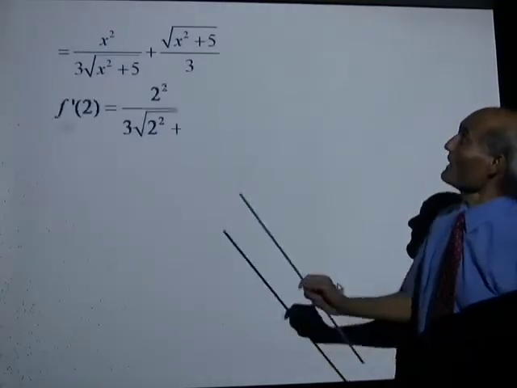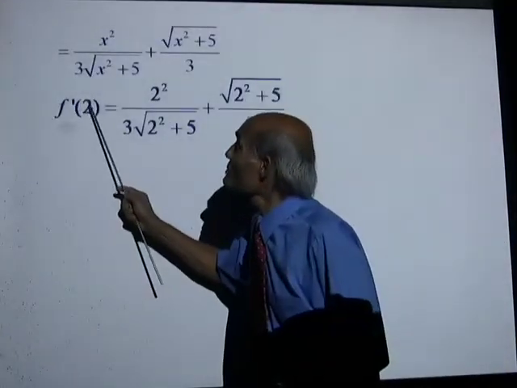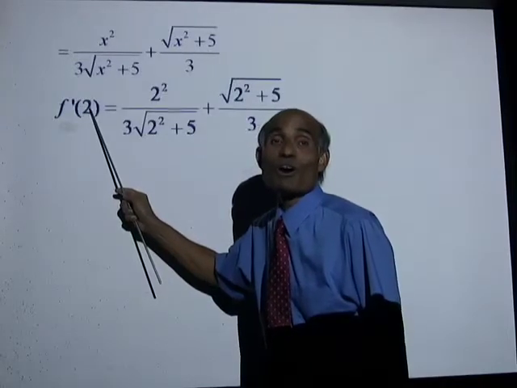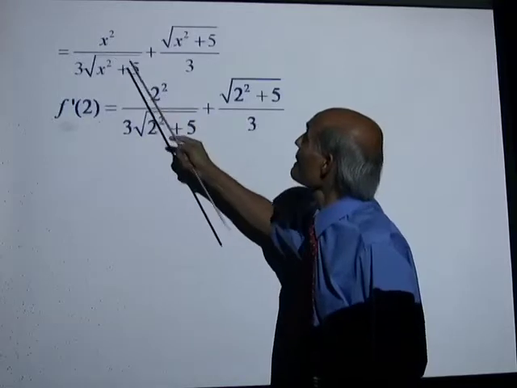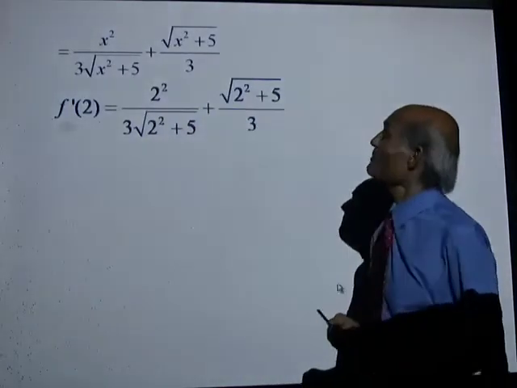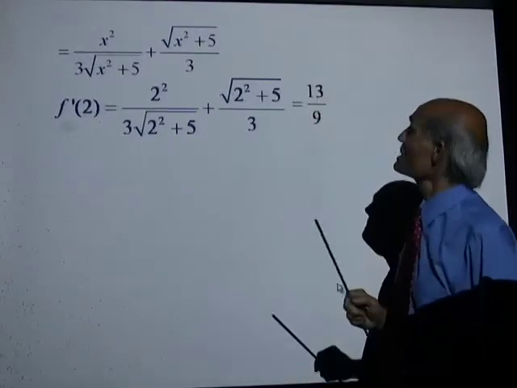And now, what's the derivative? We want the derivative at x equal to 2, and that will be the slope of the tangent line at that point. Replace your x by 2 all over and find the value of this. Do that on your own and see whether you get 13/9.